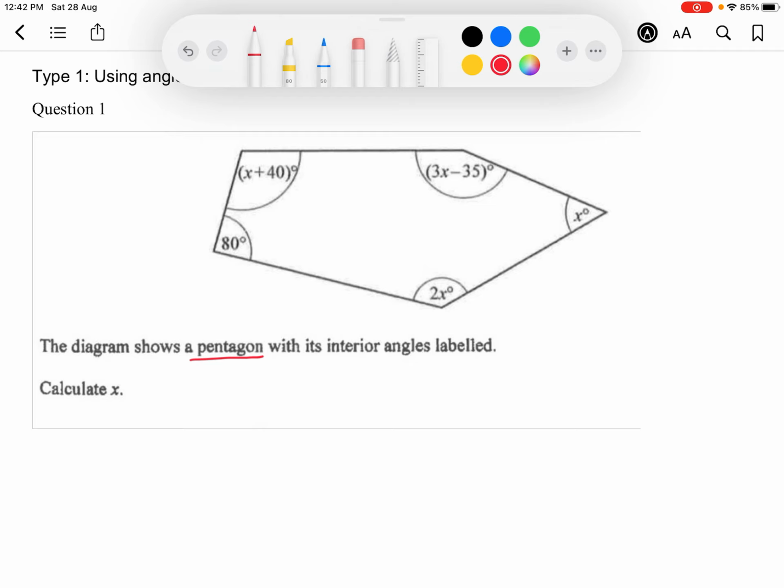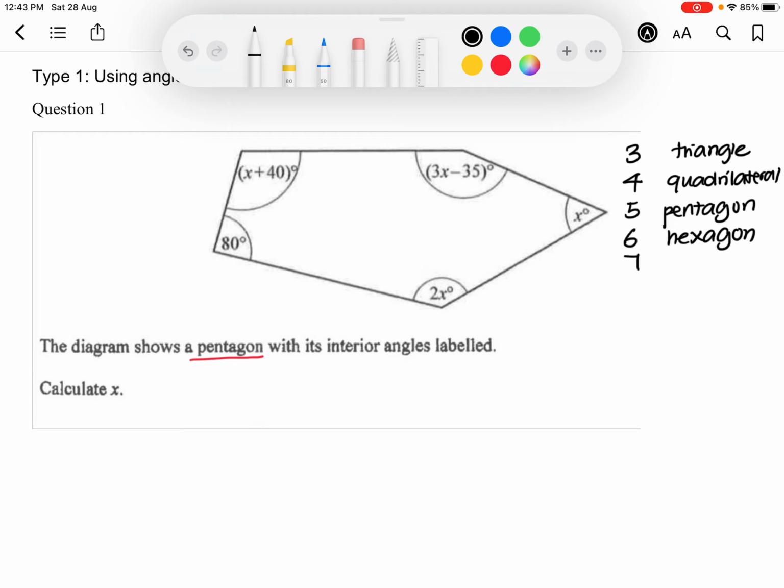Before we solve the question itself, let us revise the different names. A three-sided polygon is called a triangle. A four-sided polygon is called a quadrilateral. Five-sided is a pentagon. Six-sided is a hexagon.